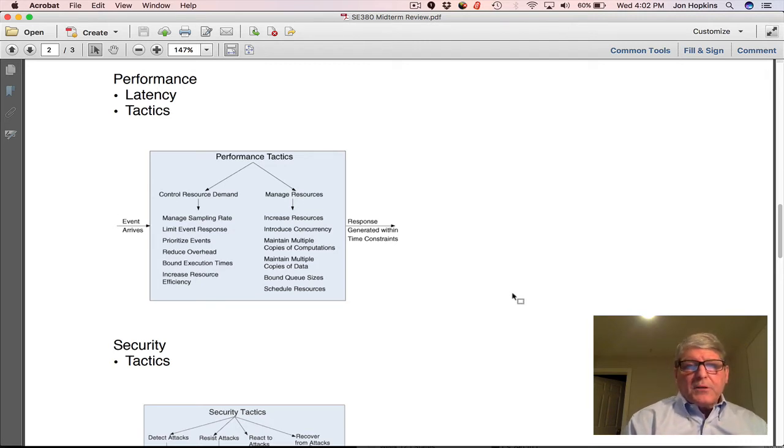So from an architectural perspective, we have to think about what events are coming in, how many we're expecting at a given point. In other words, what our load is going to be, what our total time to respond to it is, our latency, and therefore what our throughput needs to be.